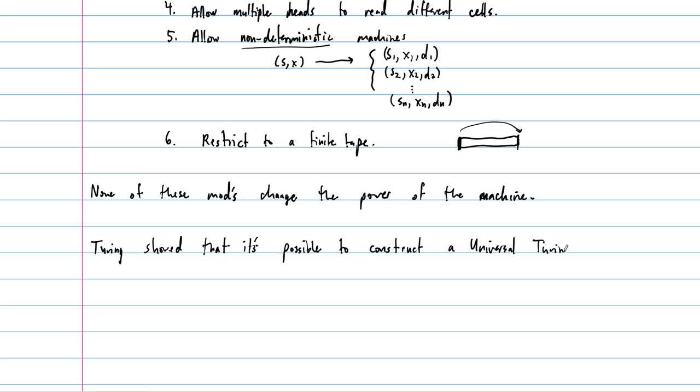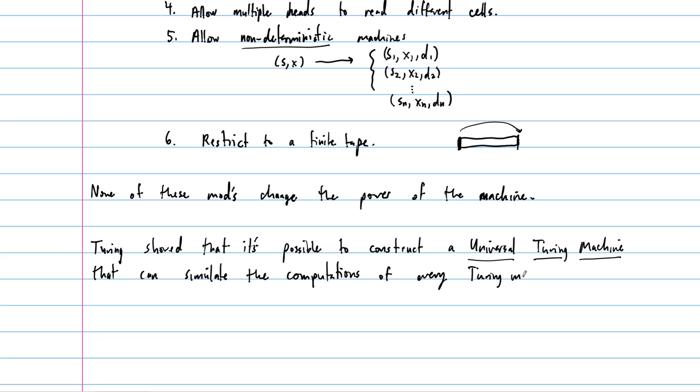This is how the universal machine works. It takes in an encoding and then the set of instructions. So basically this can simulate the computations of any other Turing machine. That's the idea here. That's why it's universal. So I'll write it this way: of every Turing machine, given an encoding of the machine and its input.